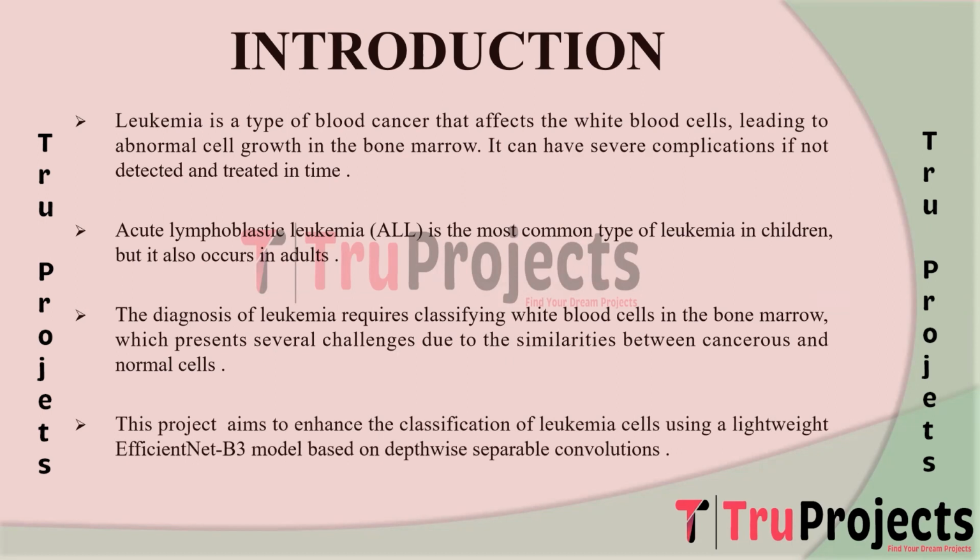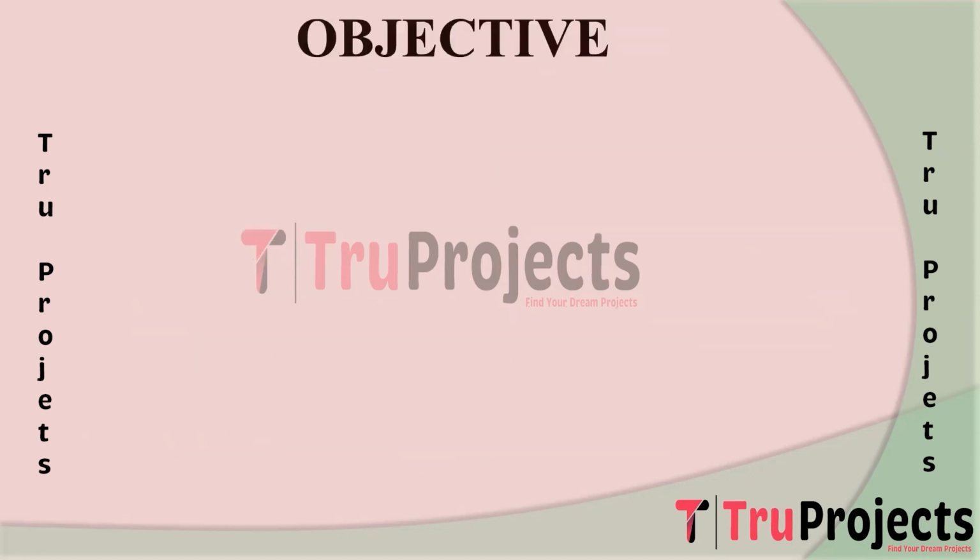Specifically, it focuses on utilizing a lightweight EfficientNetB3 model that incorporates depthwise separable convolutions. This methodology is expected to enhance the accuracy and efficiency of identifying and distinguishing between cancerous and normal white blood cells, potentially aiding in more precise leukemia diagnosis.